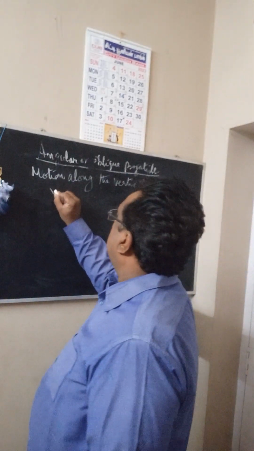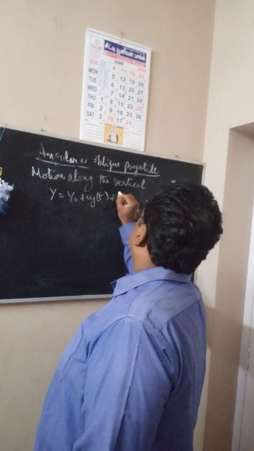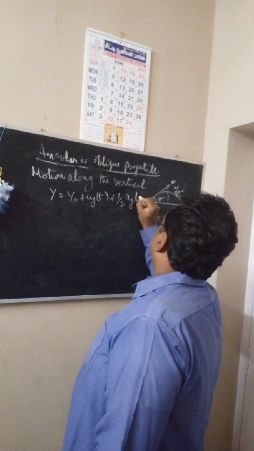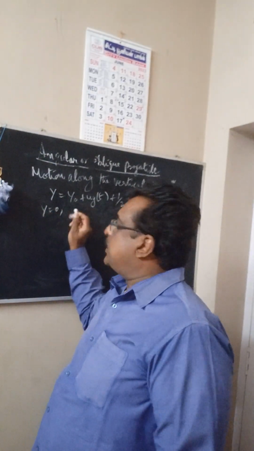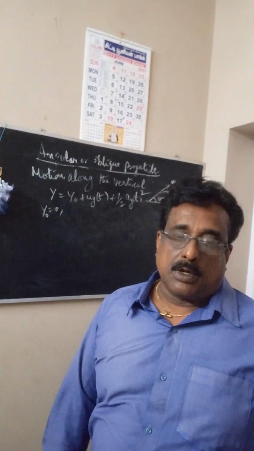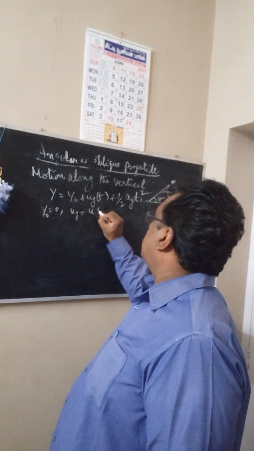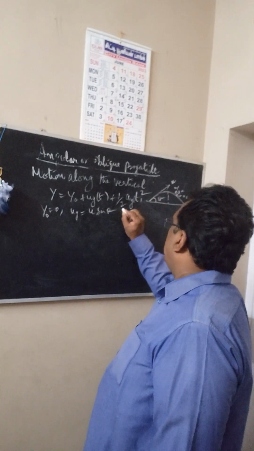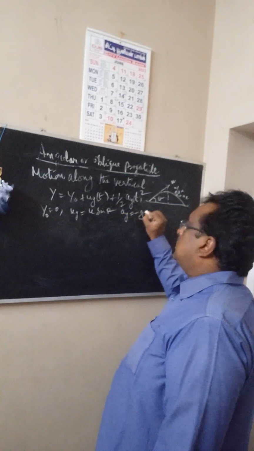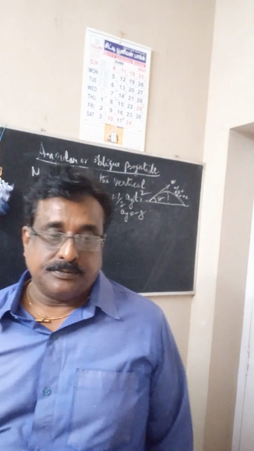Here we are taking y is equal to y0 plus uy t plus half ay t square. y0 is 0, displacement along the y direction is 0. uy is equal to u sin theta along the y direction according to resolution of vectors, and ay is minus g, because the projectile is projected against gravity.